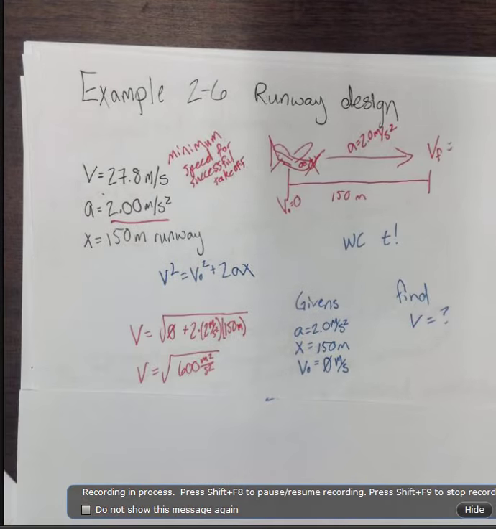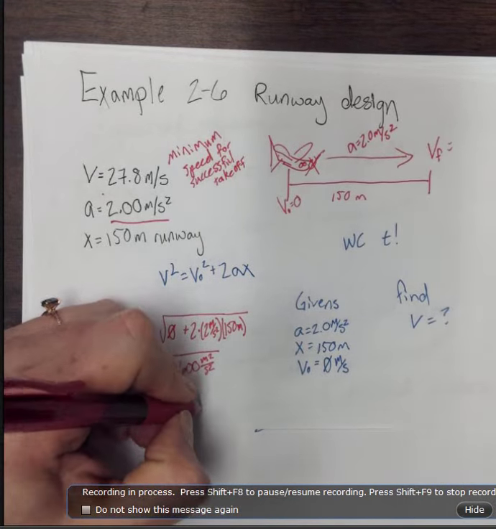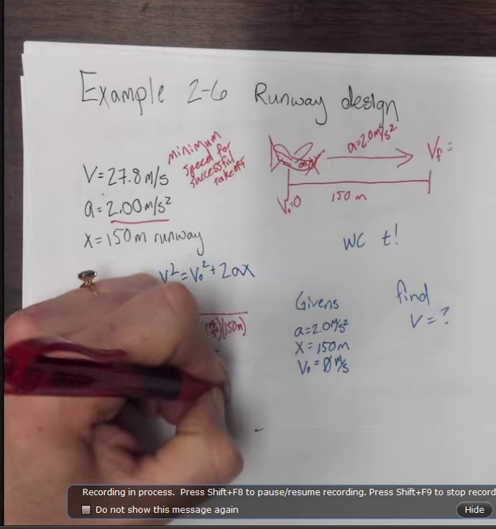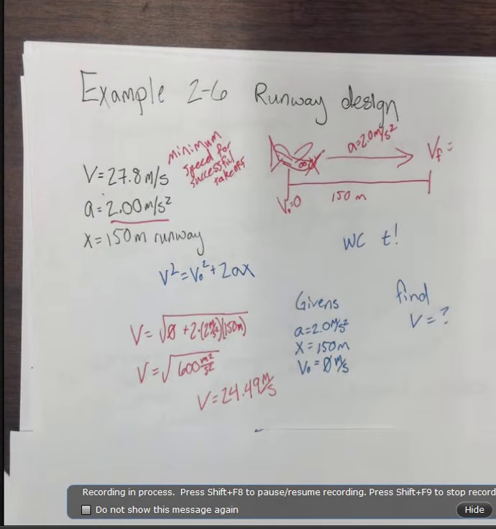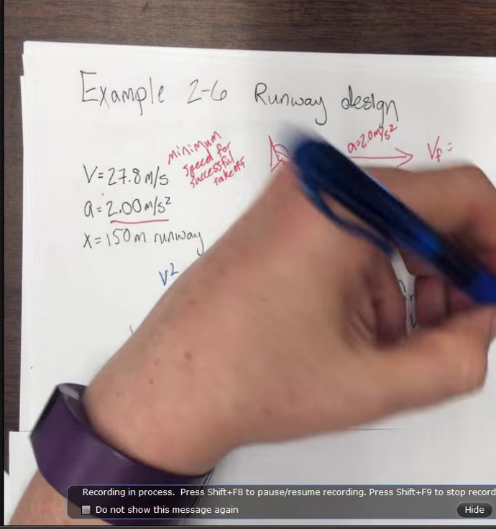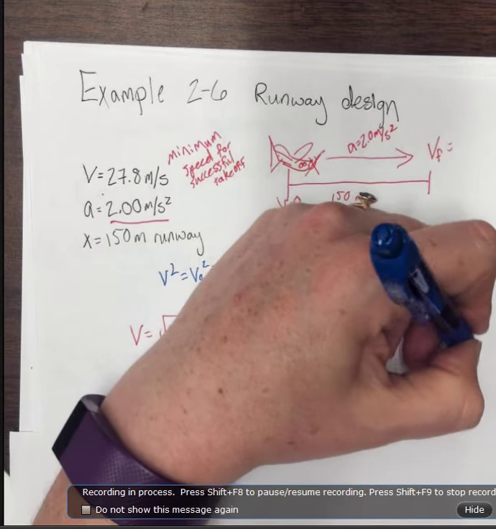When I take the square root of that, I get 24.49 meters per second. I check my sig figs. I can give 3 significant figures, so my final velocity is 24.5 meters per second.